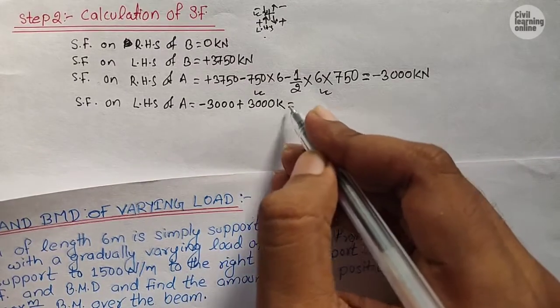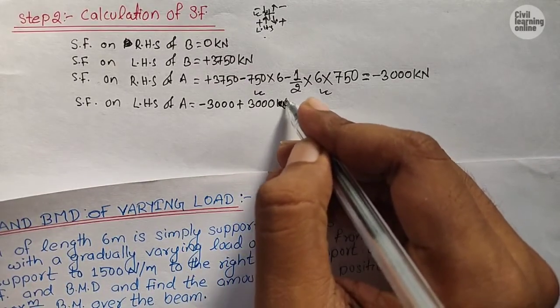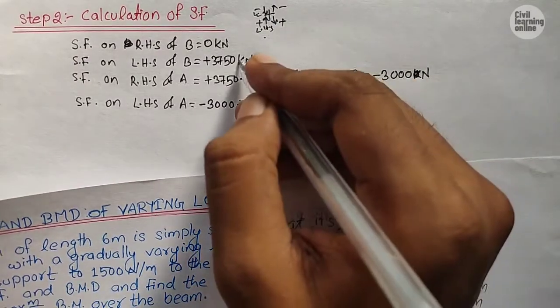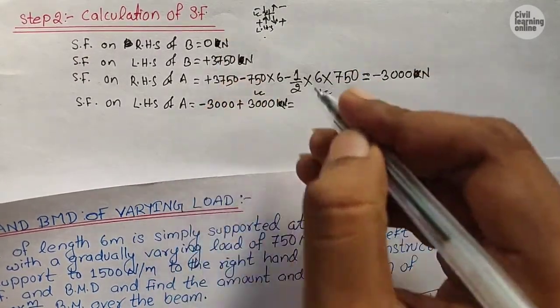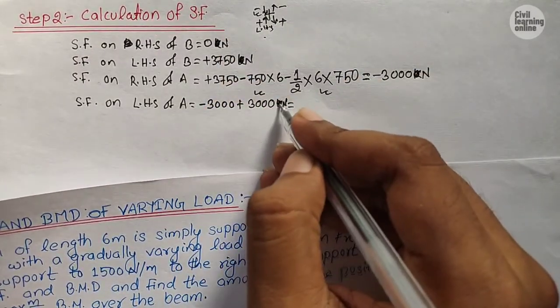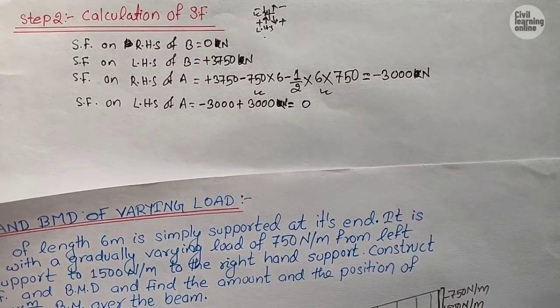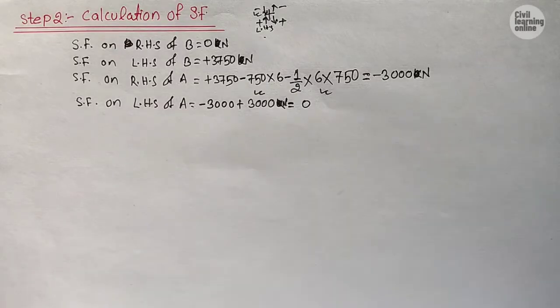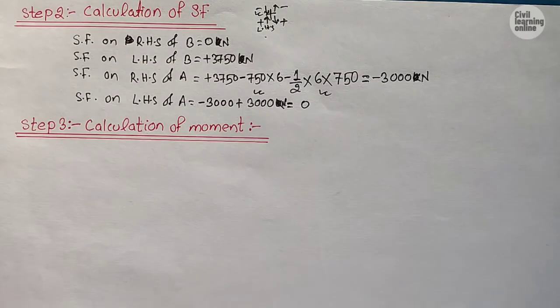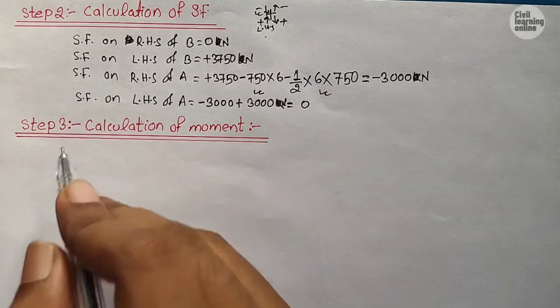These all loads are given in Newton, as per the question, so the shear force on LHS of A will be 0.